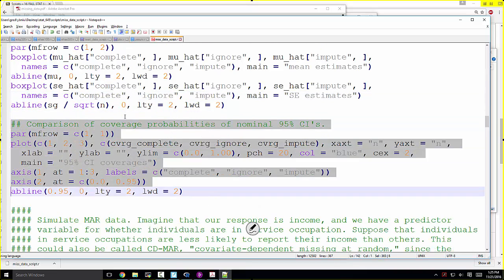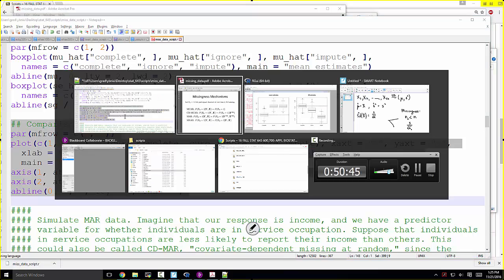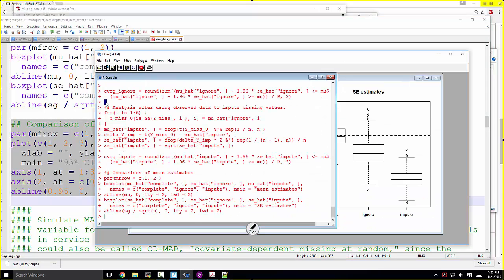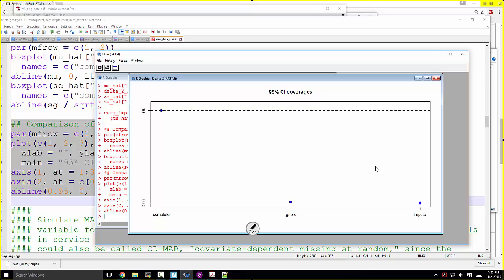In this missing not at random case, suppose we work with just the complete data, or suppose we impute the missing data using the complete data. Whereas our confidence interval should be covering at 0.95 coverage probability, both of these strategies fail miserably in this example.